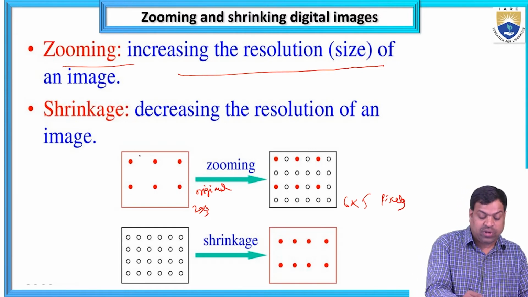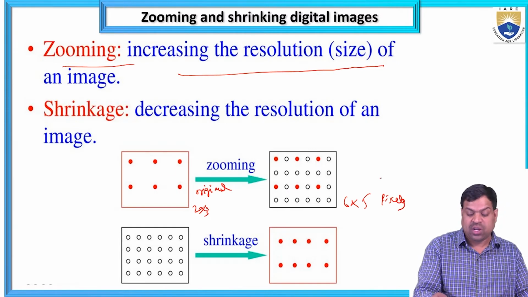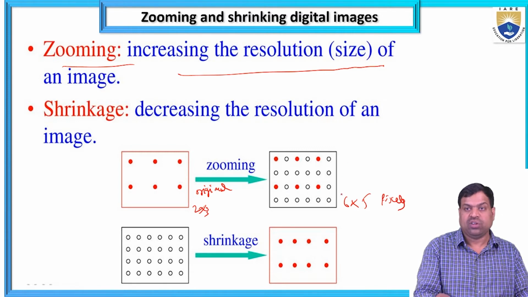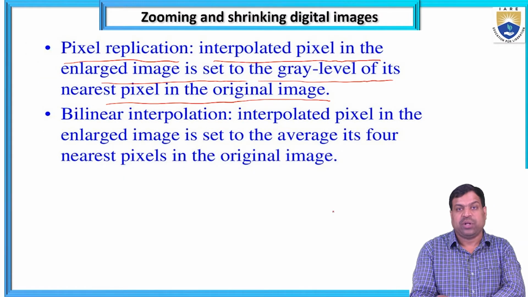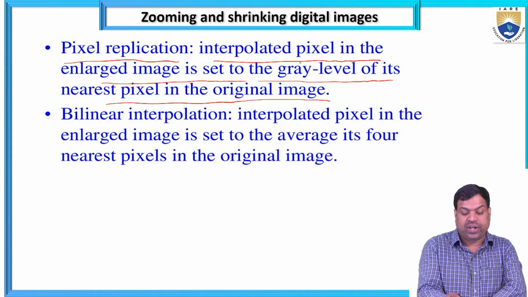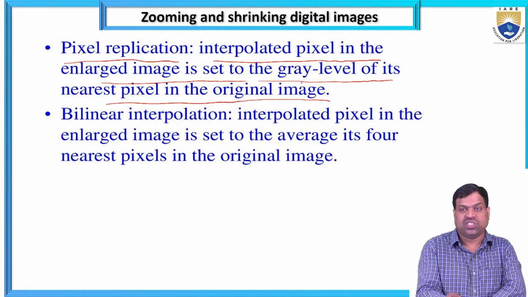Here how many gray levels are there? Only 6 are there. But here also 6 gray levels are there. But what about the remaining? So we are applying some gray levels to those. These are the pixel replications. The interpolated pixel in the enlarged image is set to the gray level of its nearest pixel in the original image. That is pixel replication.